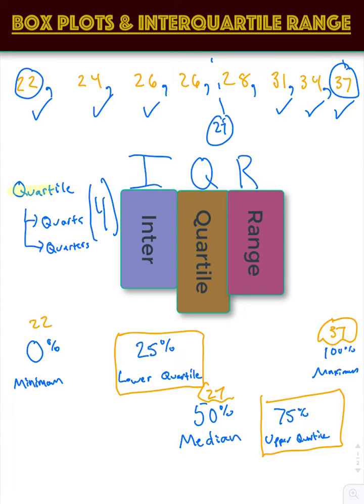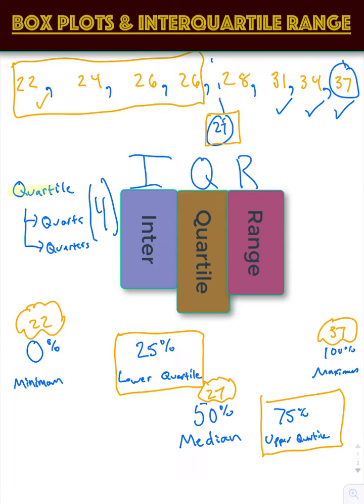Basically how we find these is we're going to find the median of the lower half and the median of the upper half. In this case, we have 27 as our median, so I'm not going to include that. When I look at the lower half, I have 22 and 26 would cancel, and then I would find the median between 24 and 26.